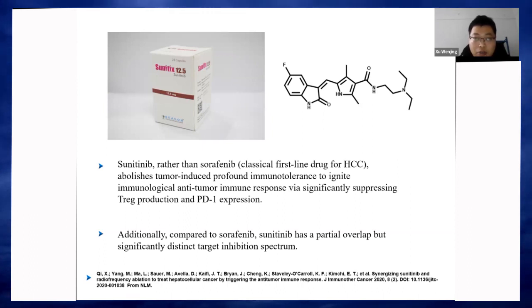Additionally, compared to sorafenib, sunitinib has a pattern of target overlap, but significantly distinct target inhibition.